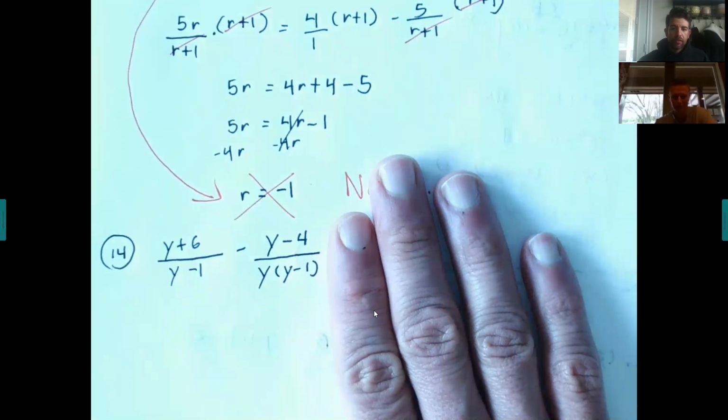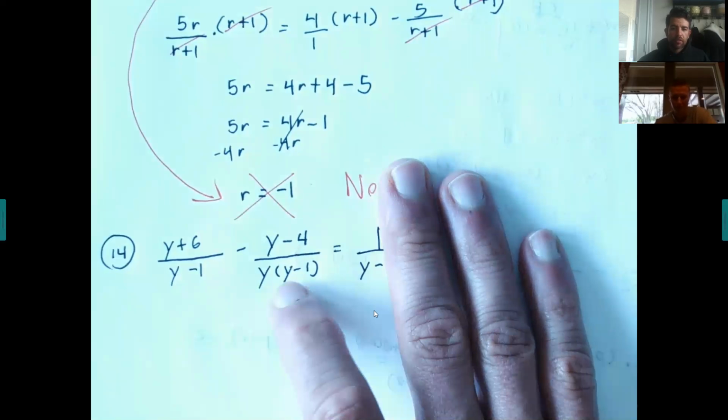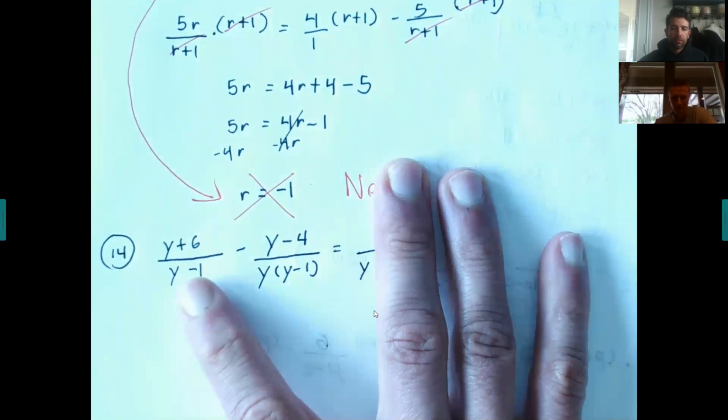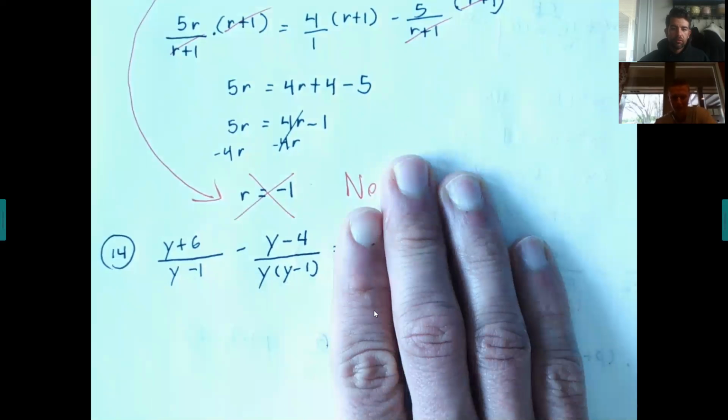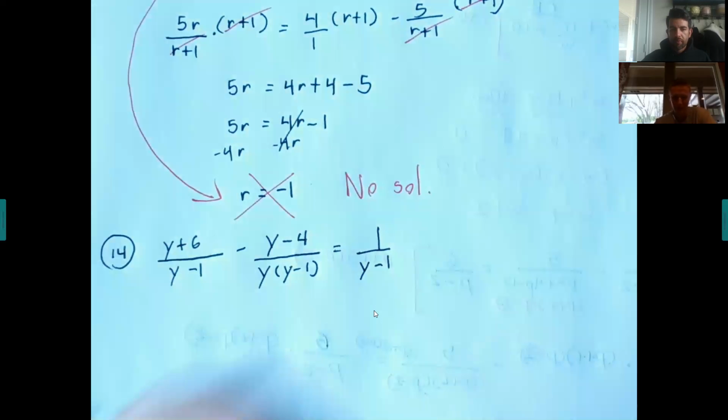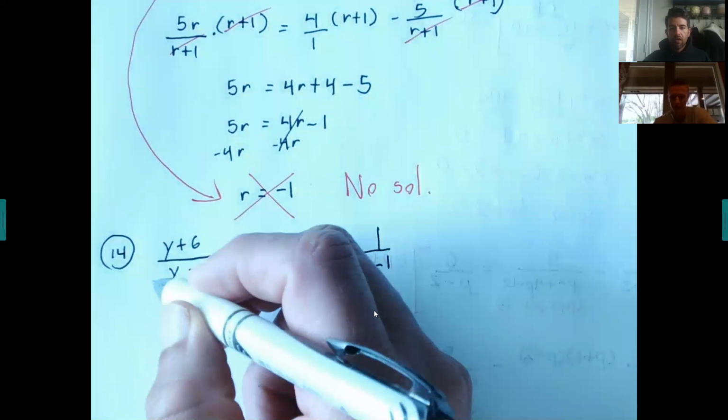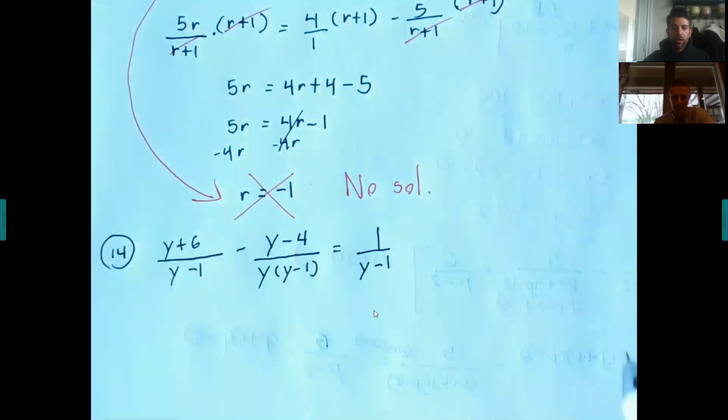Look at this denominator, just the bottom part. What am I missing here? Oh, the y squared. So you'd have to multiply the other side times y. Right. So I would have to multiply top and bottom here by y, right? So my common denominator would be y minus 1.